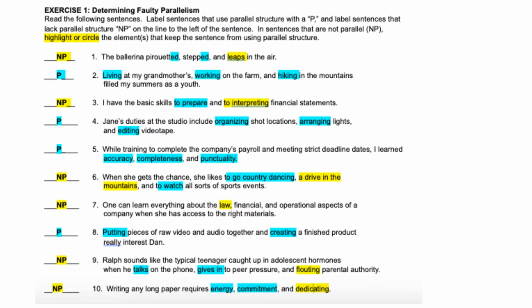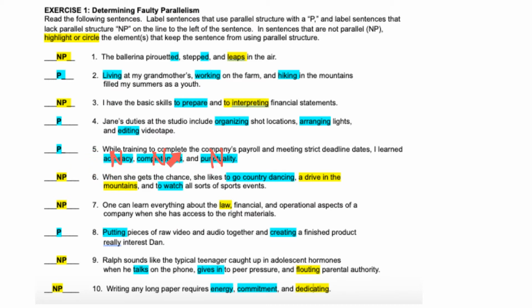If I'm looking at what this job taught me, accuracy is a noun, completeness is a noun, and punctuality is a noun. And so when I talk about things like equal rank, I just want to make sure that I would be wording what I was taught by my part-time job as nouns.